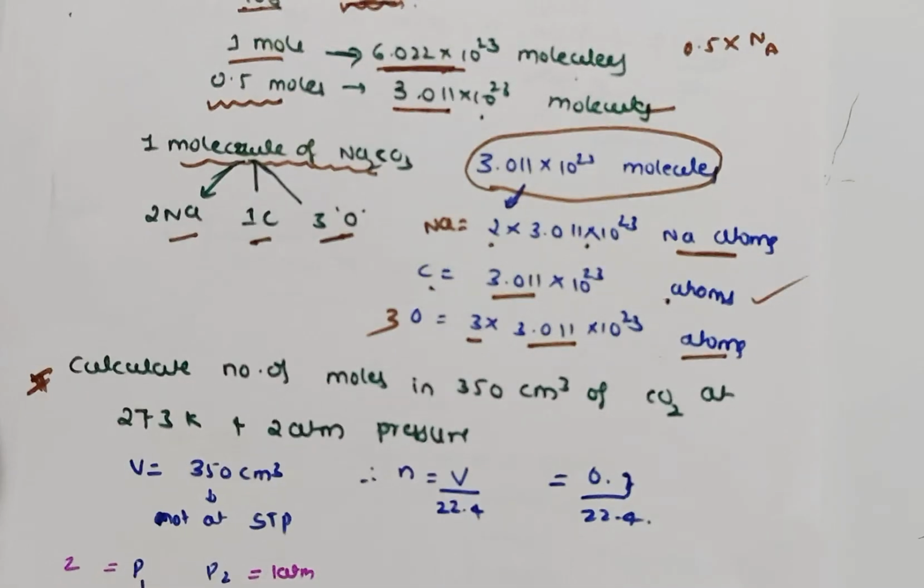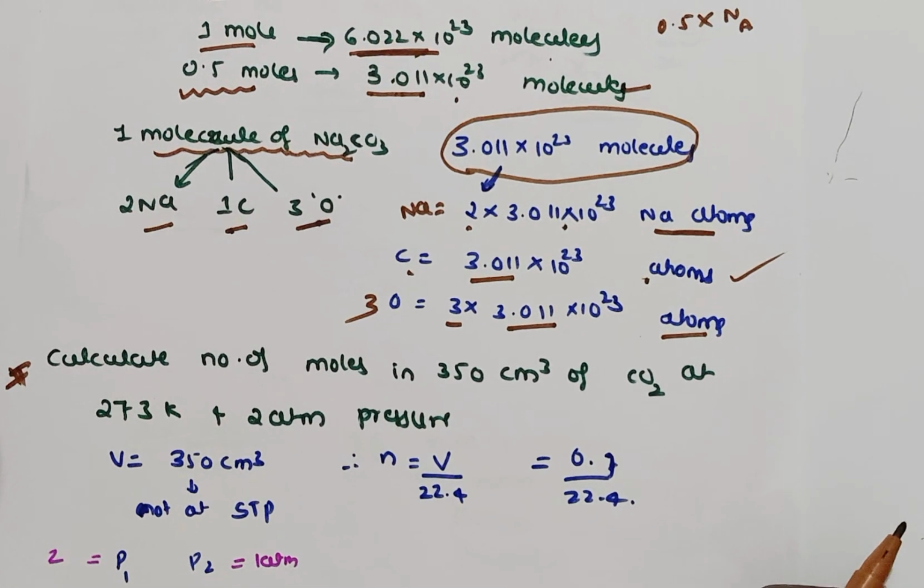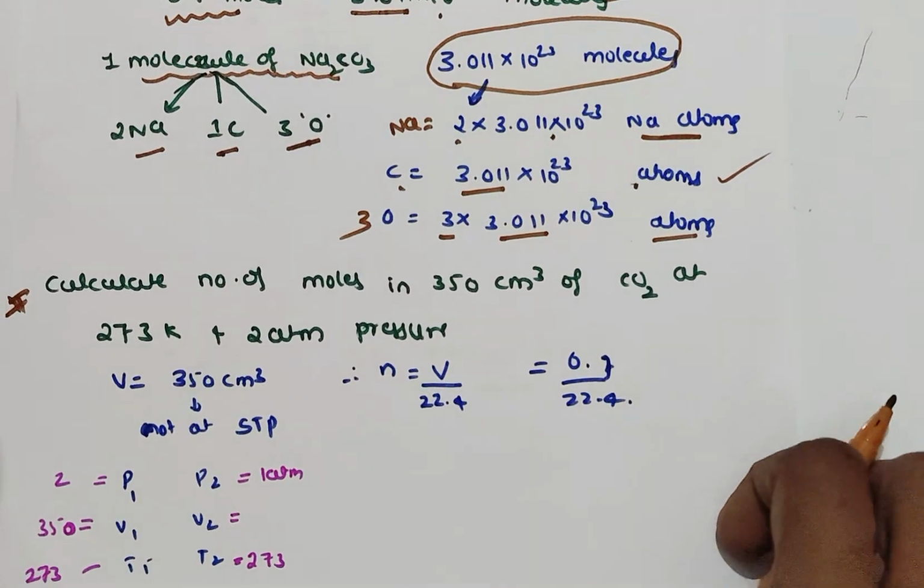Next we move towards one more numerical: calculate the number of moles in 350 cm3 of CO2 at 273 Kelvin and 2 atm pressure.